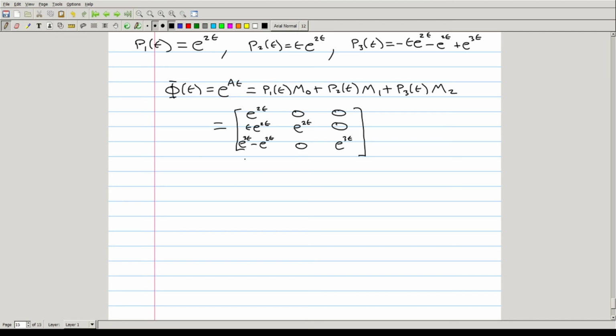And so a general solution of this is of the form xi of t is equal to phi of t times phi of t naught inverse times xi naught.